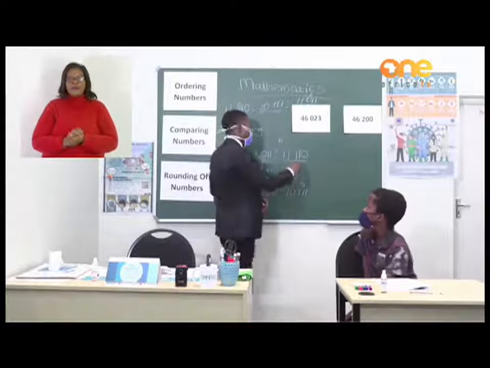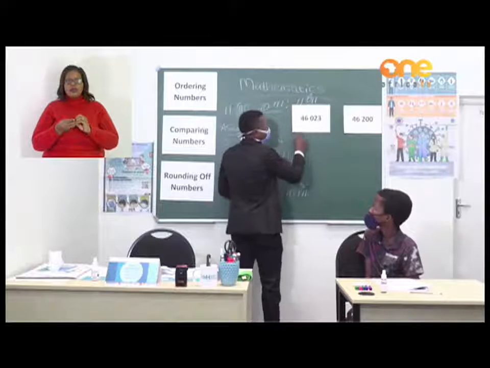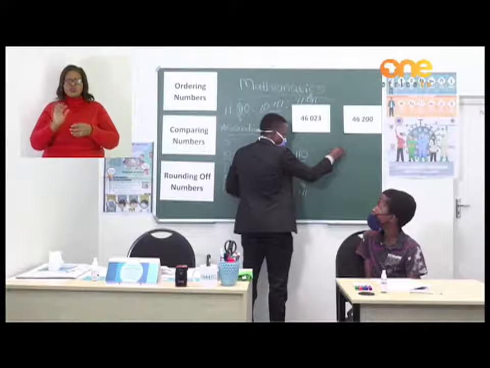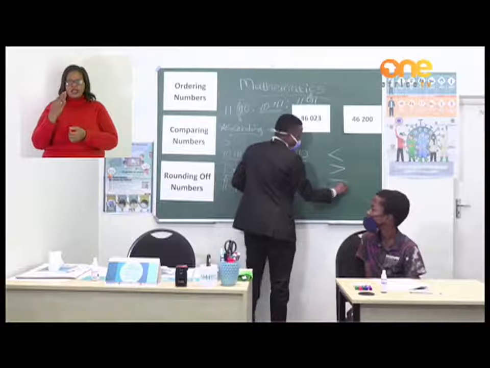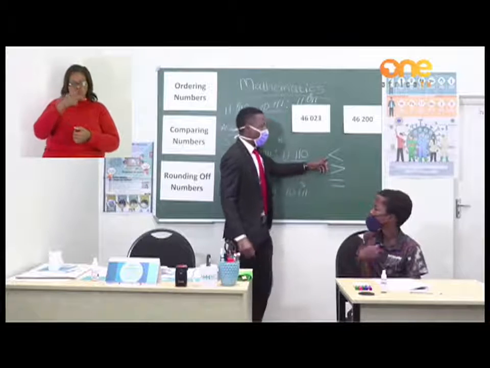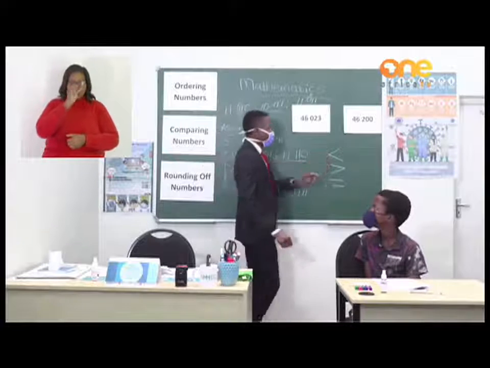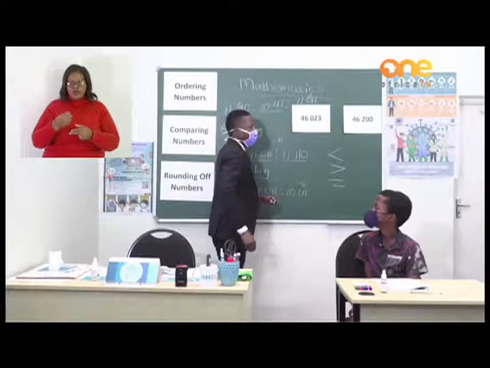Now, if you look at these numbers, it's a matter of finding out which number is bigger than the other. And we are given three signs to make use of. There is one which is called smaller than, or less than, greater than, and equal to.